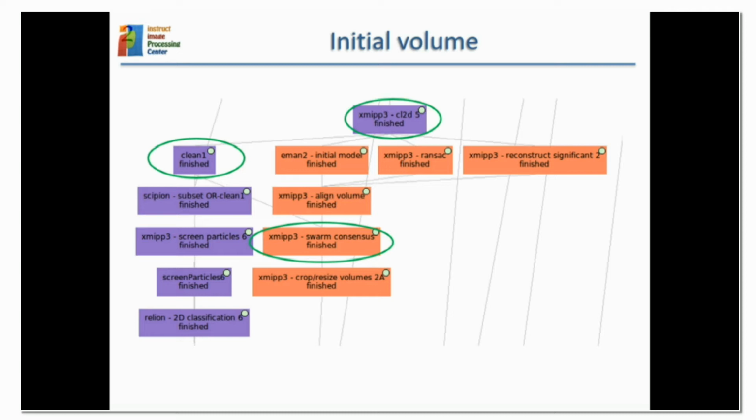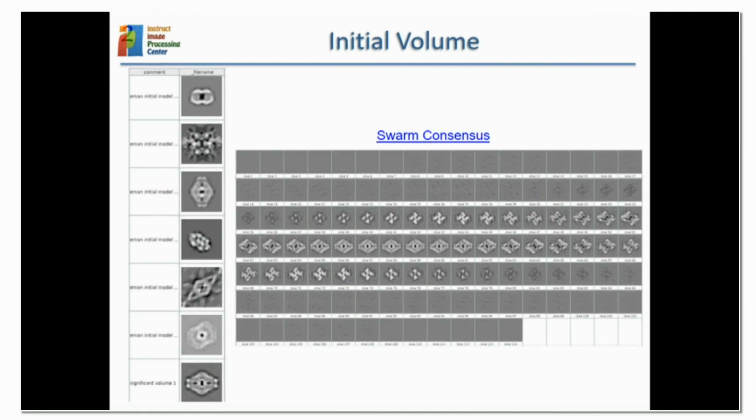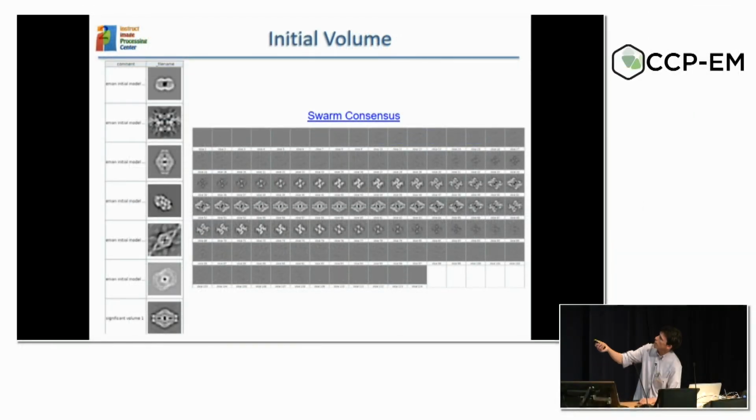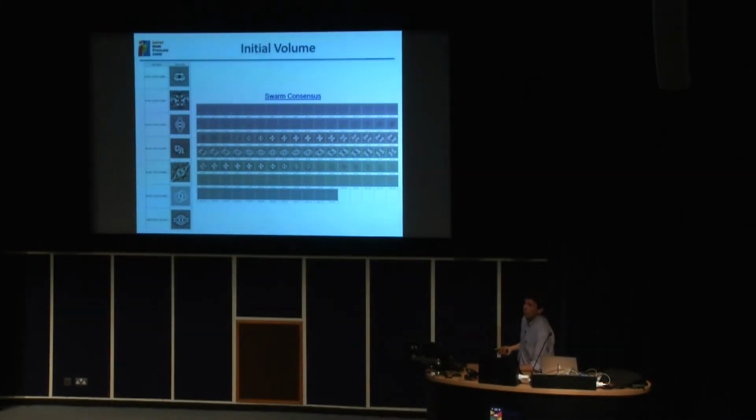But for instance, now you have consensus algorithms that take all these volumes and somehow make them evolve and produce an initial volume for you. And here you have some examples. So these are some of the examples for the beta-galactosidase. And you see, some of them are terribly bad, some of them are good, and many of them are bad.